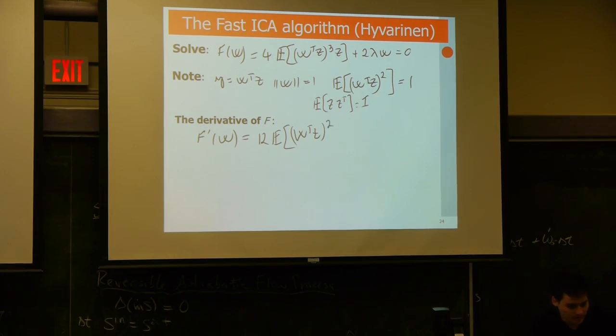So I want to calculate the derivative of this expression here with respect to W. So I have this 4 times 3, that's 12, expected value of W transpose Z squared. I have Z, and I need the derivative of this with respect to W, that's Z transpose. And what's the derivative of this last term with respect to W?